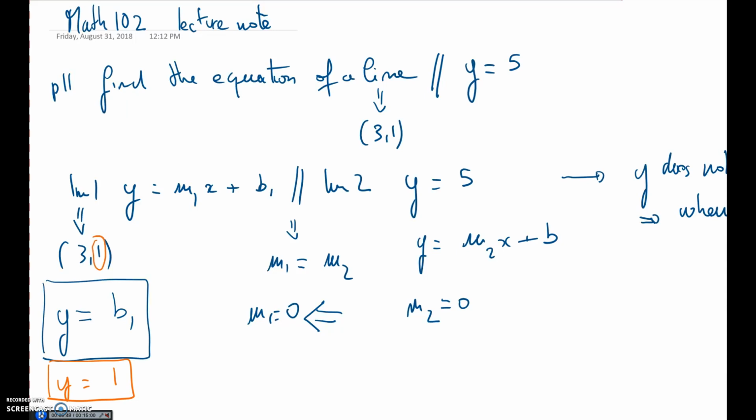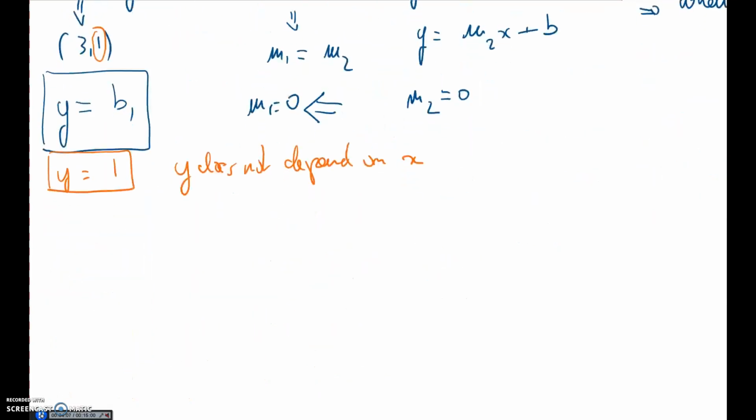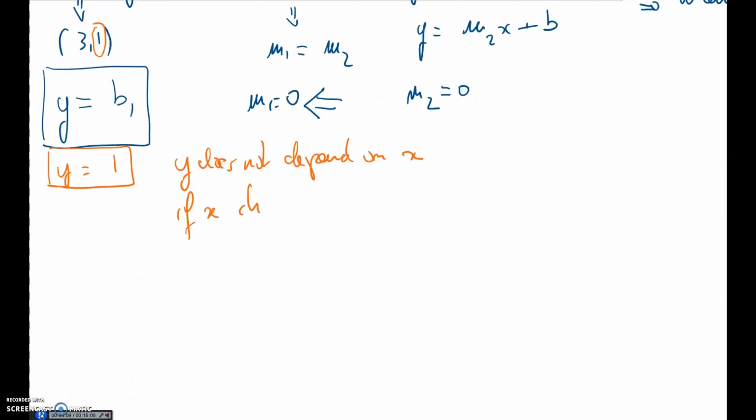What does that mean? If I think about the same thing as previously, I'm going to say, hey, y equal 1 or y equal b1, which is, now we know b1 equal 1. I'm going to say y does not depend on x. If x changes, y does not.